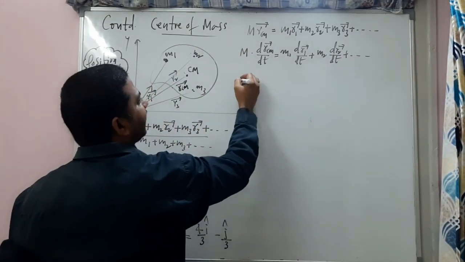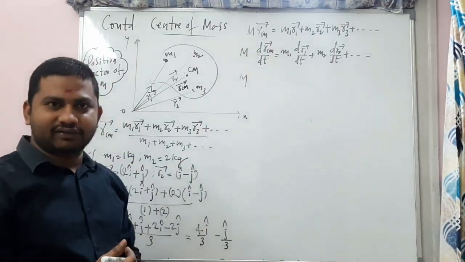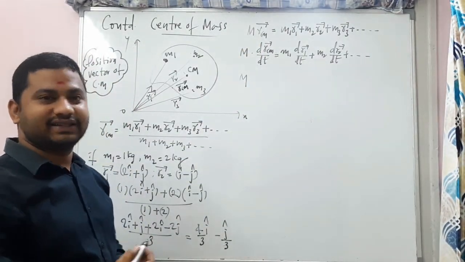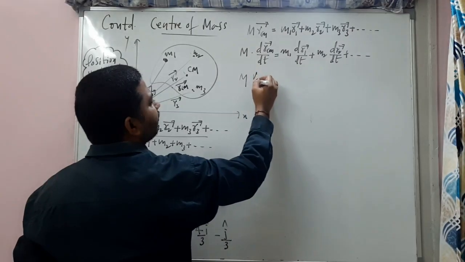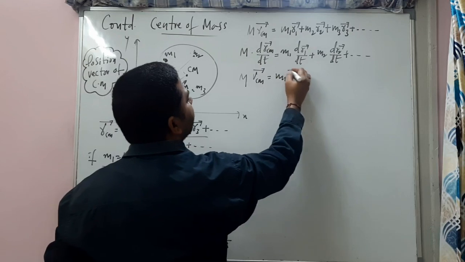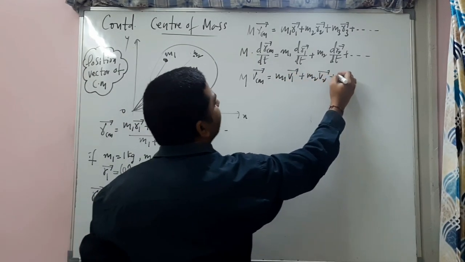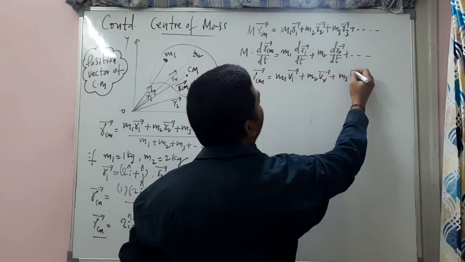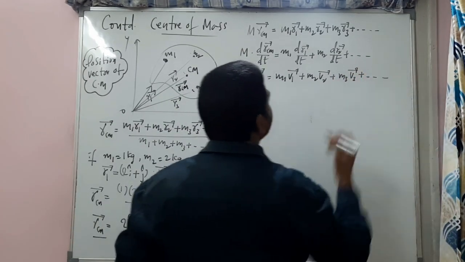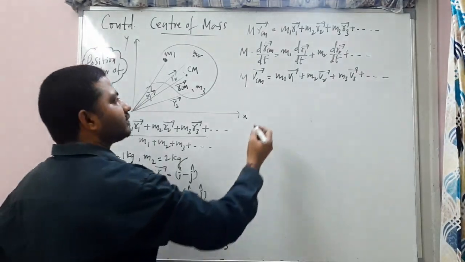So this I can write as M into the rate of change of position vector, that's called the velocity. So M VCM bar is equal to M1 V1 bar plus M2 V2 bar plus M3 V3 bar plus so on. This is the formula you get for the velocity of the center of mass, my dear students.